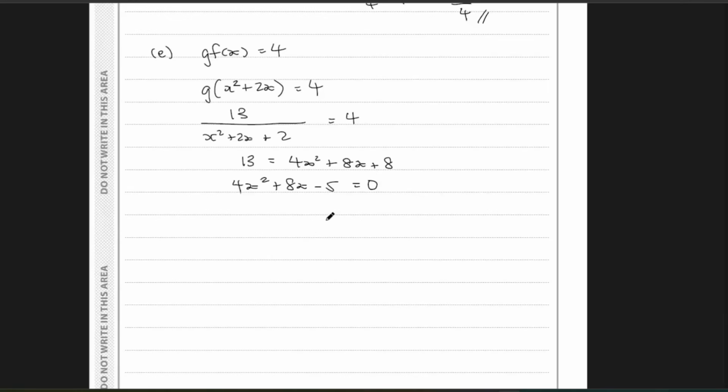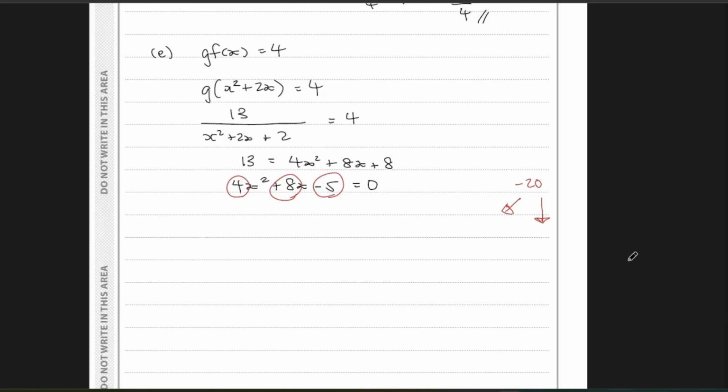Then we can factorize this. So there's a method of factorizing called splitting the middle term. So what do we do? We take the a value and c value, we multiply them. This gives us negative 20. And we need to think of the factors of negative 20 which add up to 8.